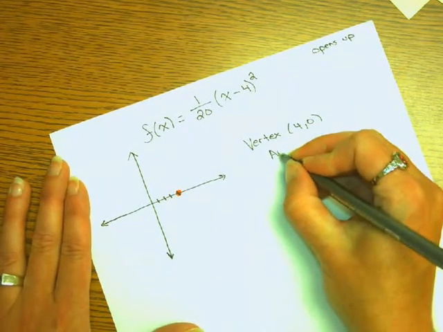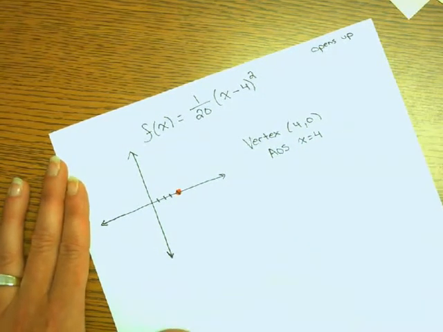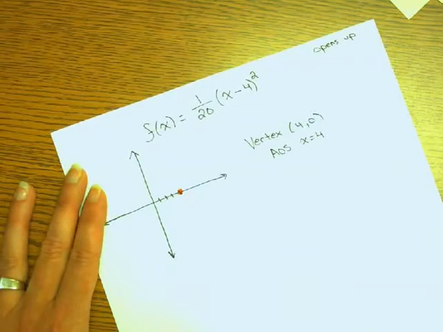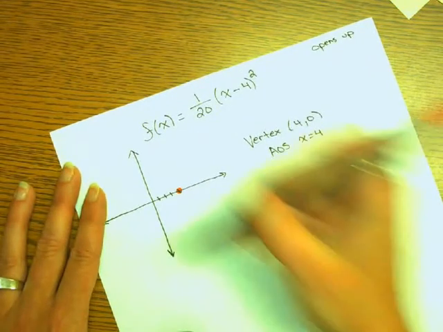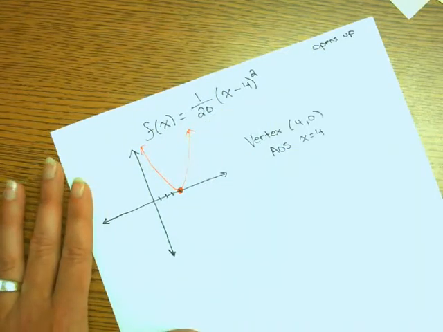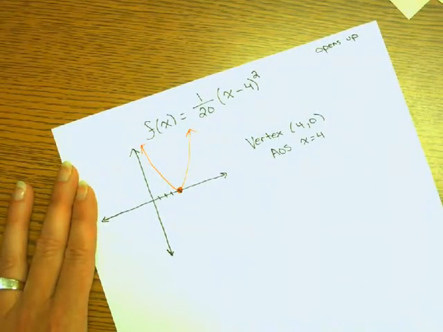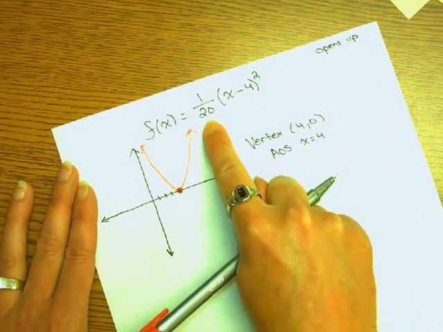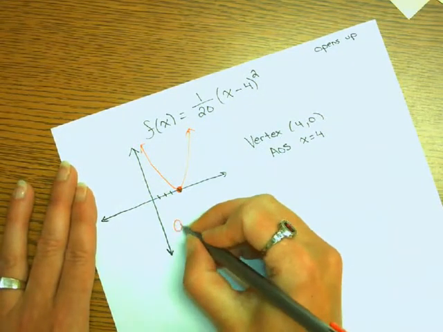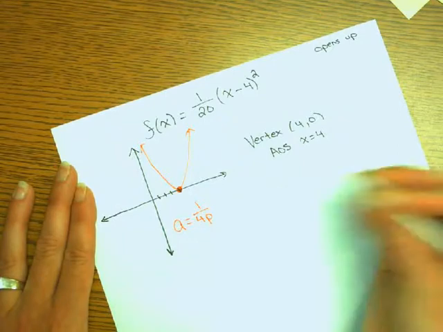I even know that that means my axis of symmetry is at x equals 4. I don't even need to draw it anymore. And I'm opening up, something like that, a lot wider, but I'm just sketching. To find the focus and the directrix, I need to know how far away they are. Well, A tells us about that. A is 1 over 4 times that distance.